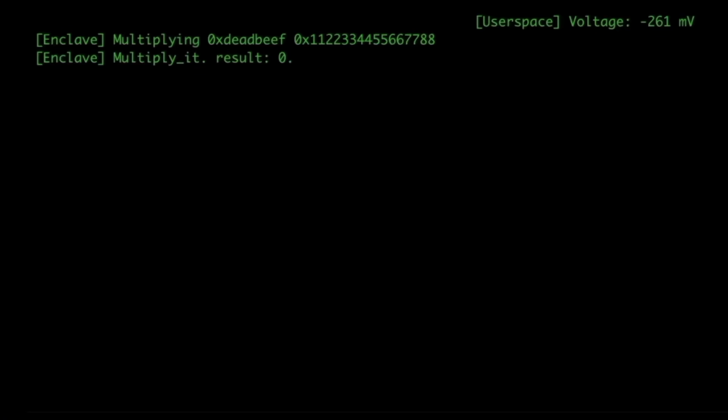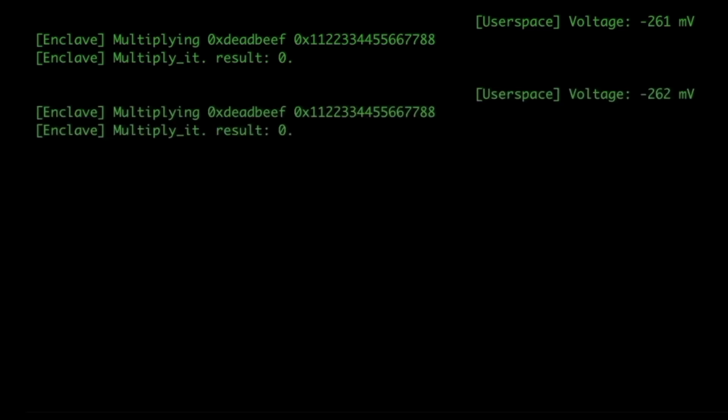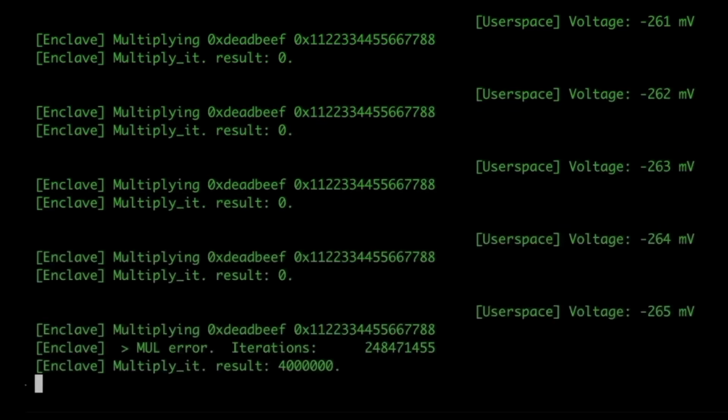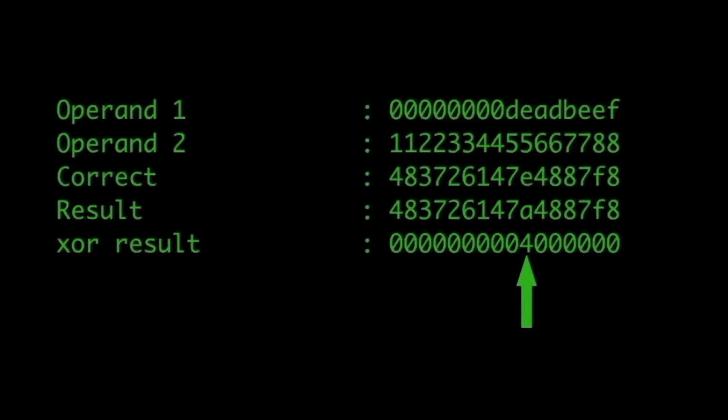So here we can see your multiplication example inside an enclave. We go down in voltage 1 millivolt at a time, and then at minus 265 millivolts here, we have actually managed to flip a bit in a multiplication. And as you can see, that's exactly the same bit that we flipped in user space code before, but this time inside an SGX enclave.